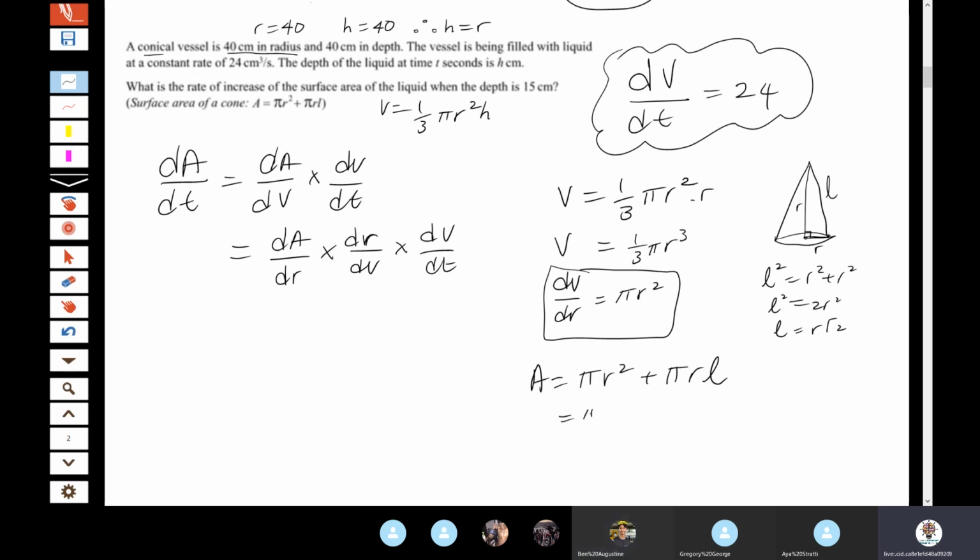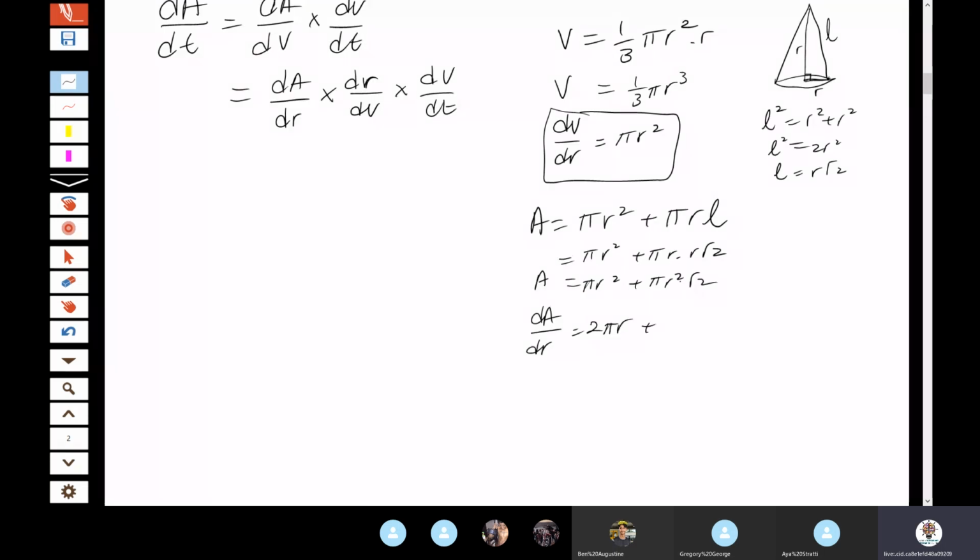Sub that in: pi R squared plus pi R times R root 2, which is pi R squared plus pi R squared root 2. I like to write that at the front: pi R times (R plus root 2 R).